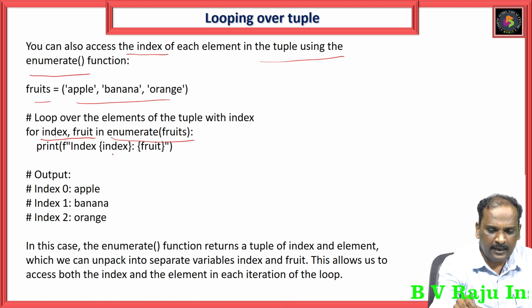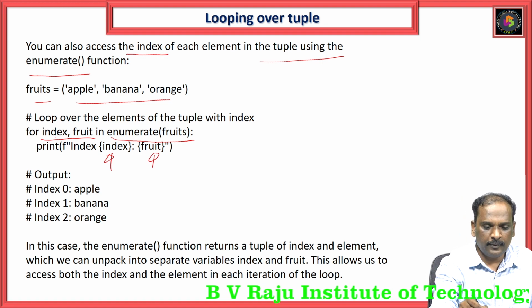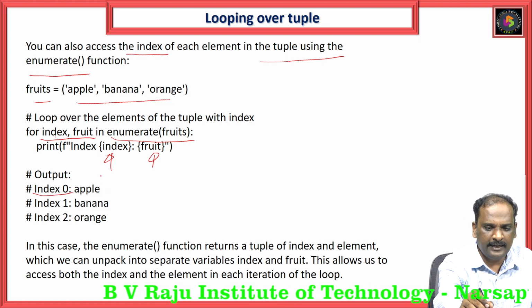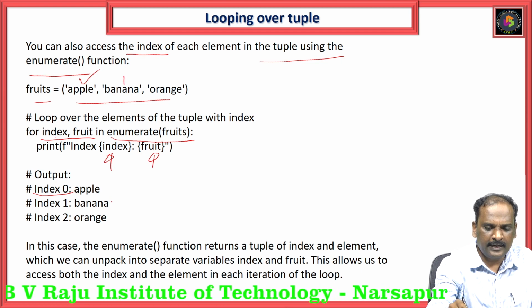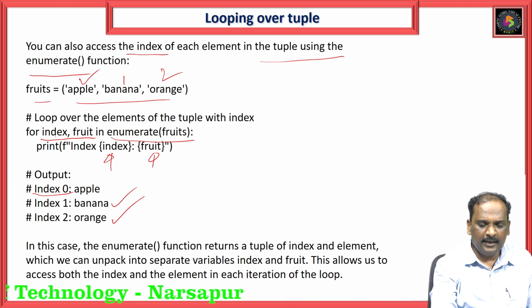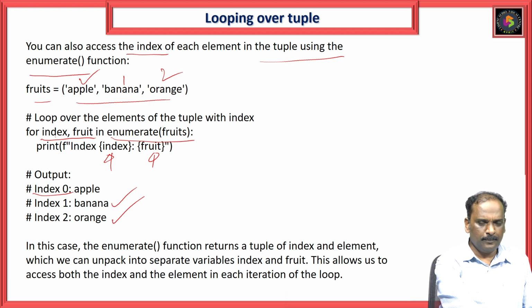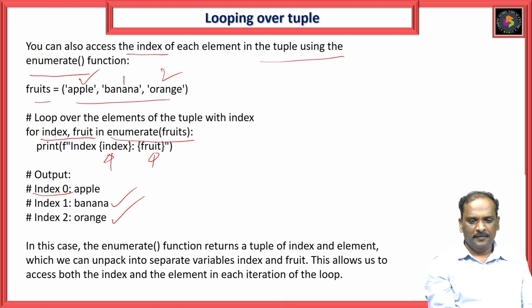If I print here, this is the index, this is the fruit. In the output you can see that index 0 contains apple, index 1 contains banana and index 2 contains orange. So to get the indexes of the elements of a tuple, we have to use the enumerate function. Here we are accessing the indexes as well as the elements of a tuple by using the enumerate function.